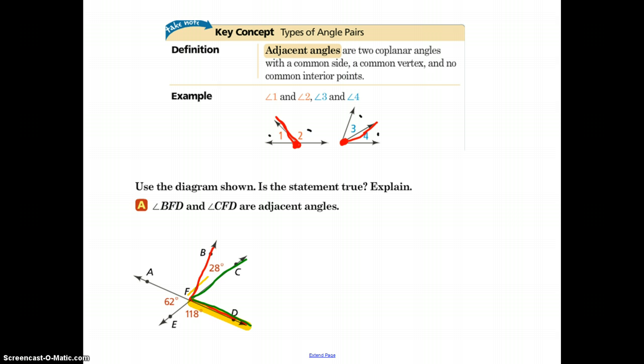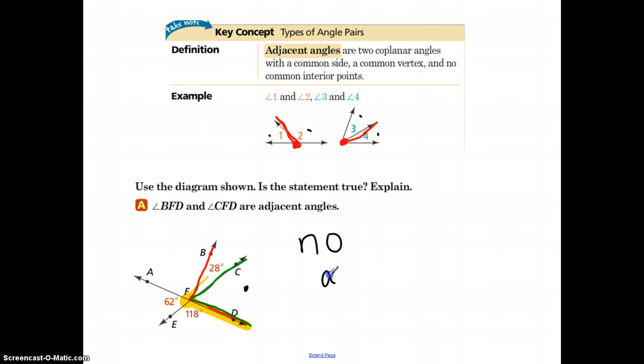Do they share a common vertex? They do. They share vertex F. Do they share any common points? If I put a point inside angle CFD, is it also in angle BFD? Well, it is. So that lets me know that no, these are not adjacent angles, because they overlap each other.